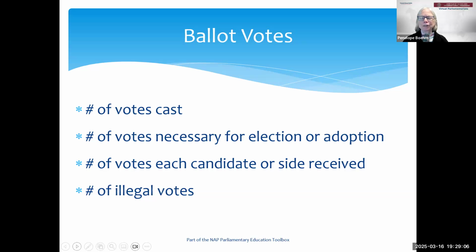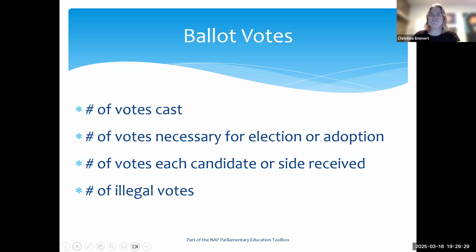So interesting. In order to be illegal, it must have some writing on it or some indication of a vote. Is that what I'm hearing? So abstaining doesn't count either way. It doesn't count for or against in most cases, unless it's a vote where the rules base the vote on the number of members or the number of members present.